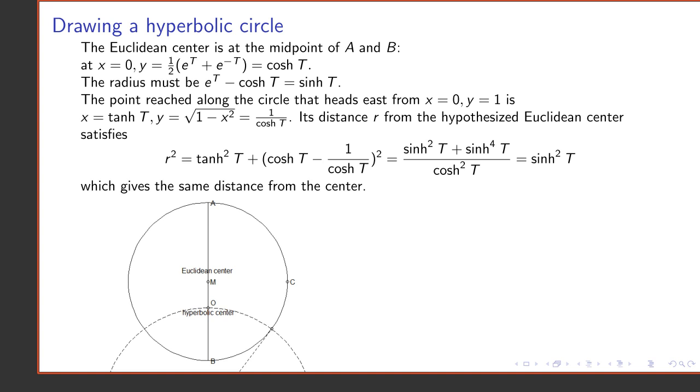So I have sinh squared minus sinh fourth. I factor out 1 plus sinh squared t. That cancels the cosh t. And I find the distance from the center is the square of the hyperbolic sine, just as it was for this point and for that point.